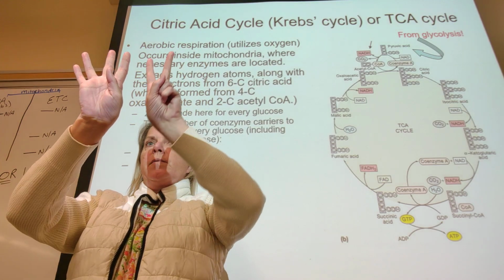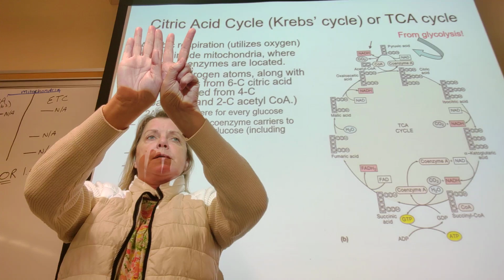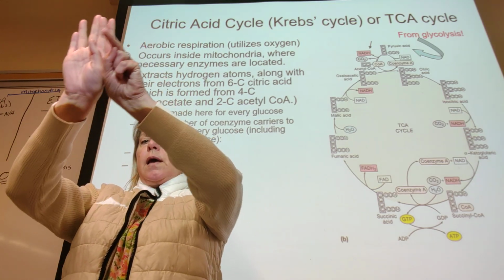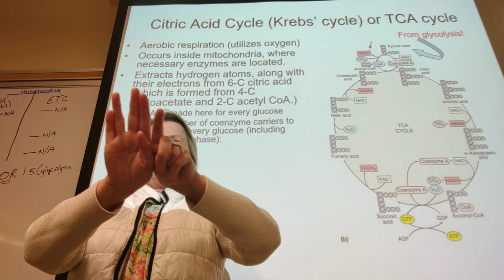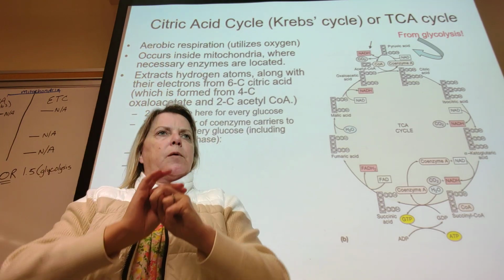Then the next pyruvate, because remember we get 2 of them from glycolysis, will now join to oxaloacetate. As it goes around, 1 carbon is removed, then another carbon, and you recreate oxaloacetate.